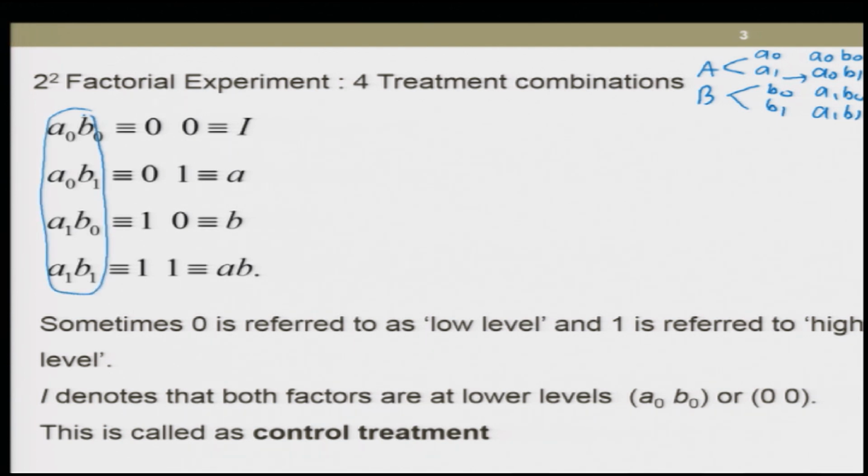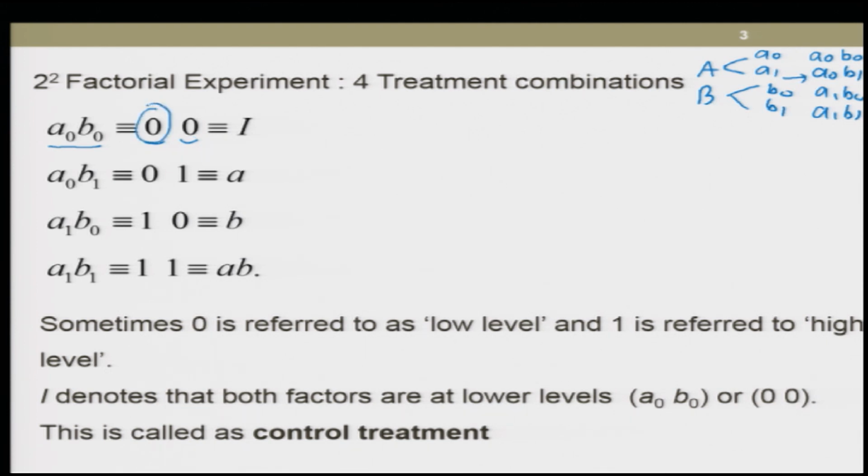Now, in the theory of factorial experiment we have different notations to express the same treatment combination. For example, A0 B0 can also be denoted as 0 0. How are these zeros coming?